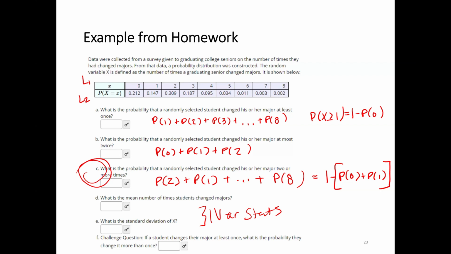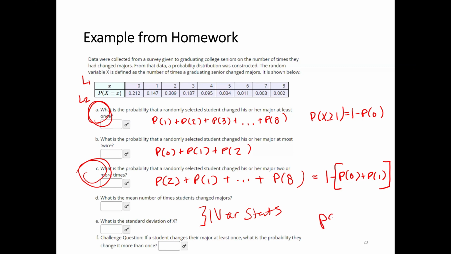Okay, so if a student changes his major at least once, what's the probability that they change it more than once? If I'm only looking at those people who change their major at least once, that is this, correct? So now I'm reducing the sample space to just those people who change their major at least once.